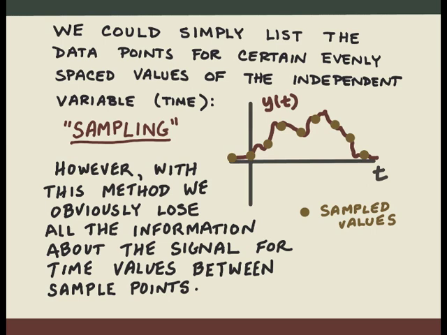So that's shown here with these gold dots on our graph. And this is referred to as sampling. But unfortunately, this method loses information, like all methods of trying to simplify a signal. It completely loses all the information about the signal between the sampled points.